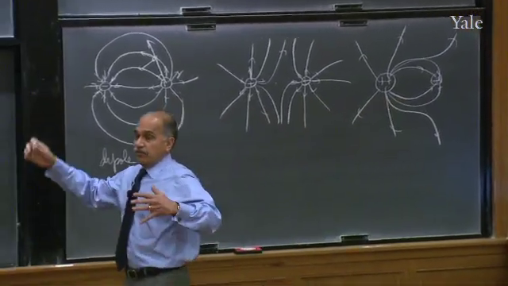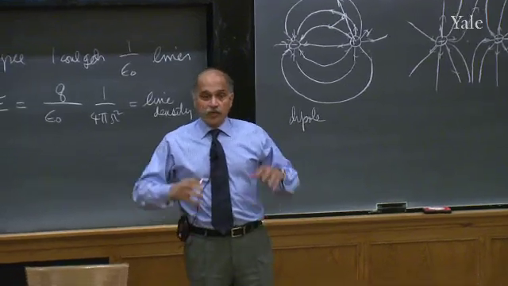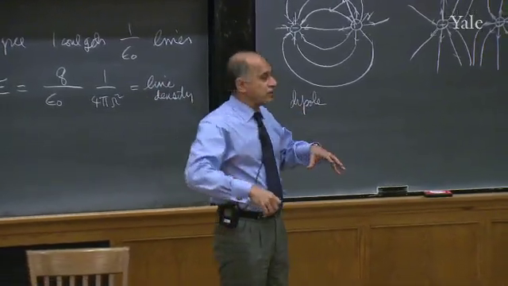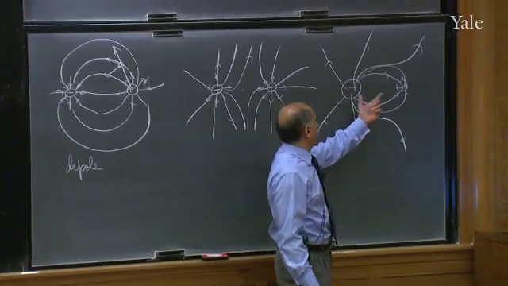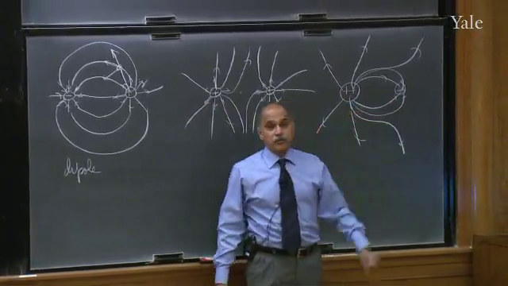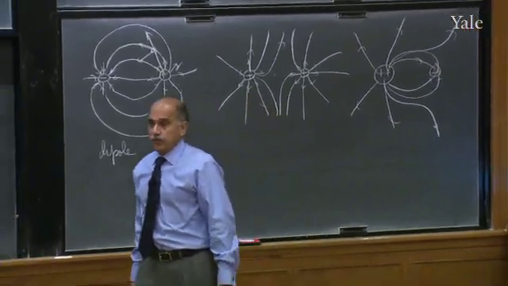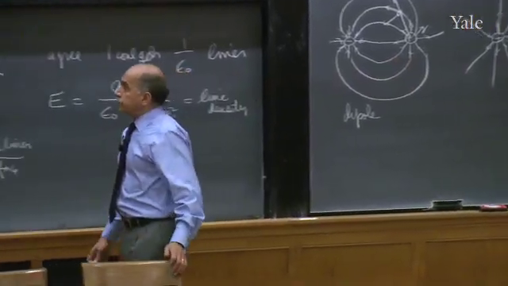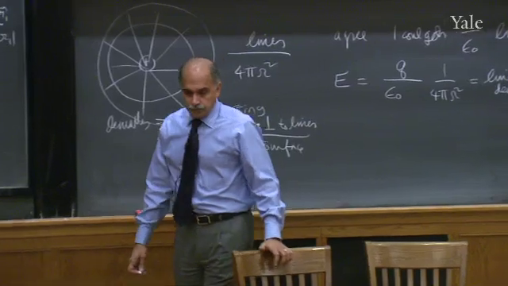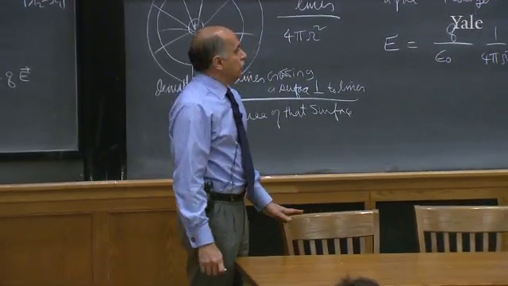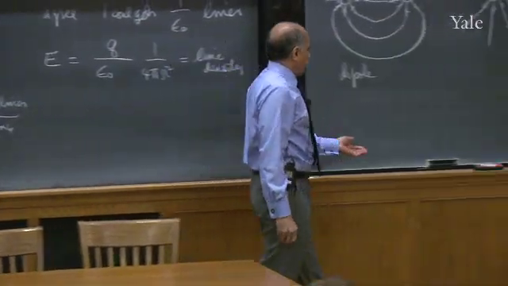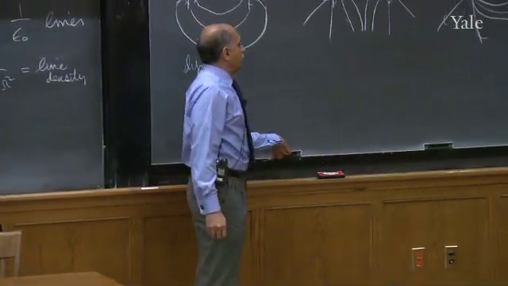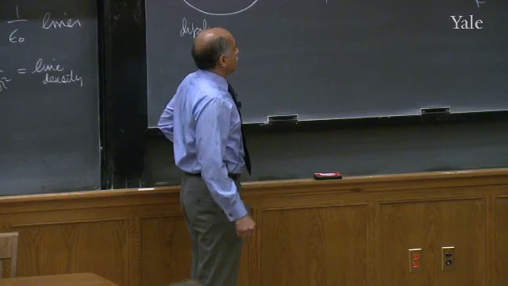Here, if you go very, very far away from the 2 charges, you'll again see radially outgoing lines as if there was a charge q at the center, because 2q and minus q give you a net of q. Okay, so this is the example of a dipole. If you got more charges, it gets more complicated. So people don't usually draw them.